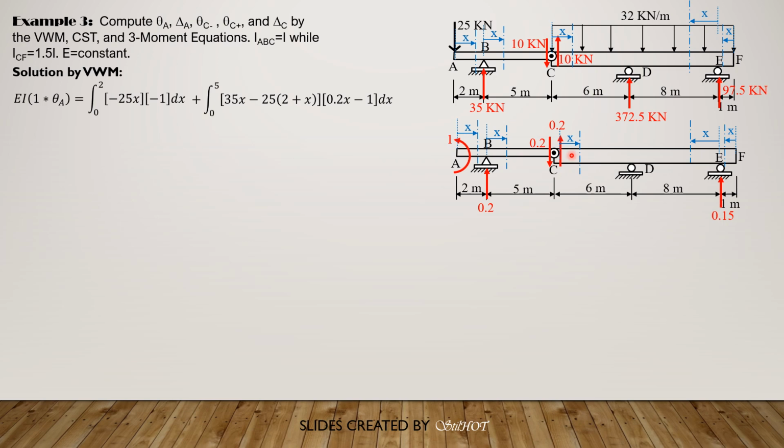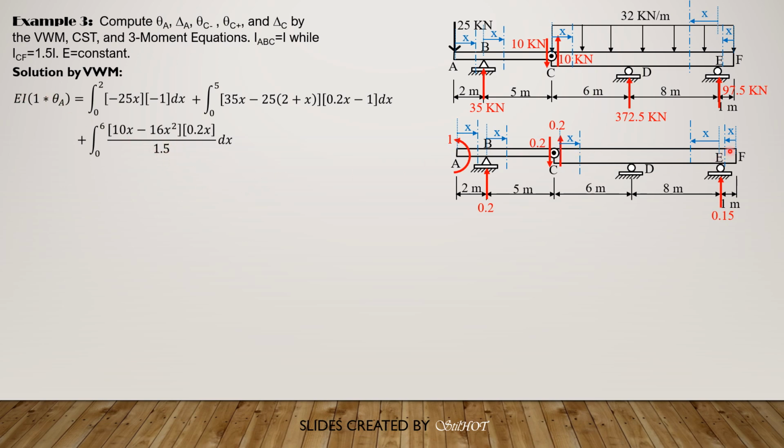Then plus in the next section, CD, because this is a hinge, it is only equal to 10 times x minus 32 times x over 2, or 10x minus 16x squared. Then due to the virtual load, it is 0.2 times x. So 0 to 6, 10x minus 16x squared, then 0.2x divided by 1.5, because the moment of inertia of this beam is 1.5 of I.